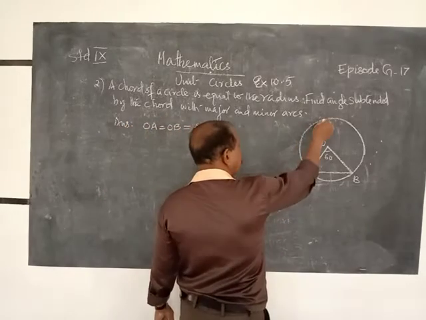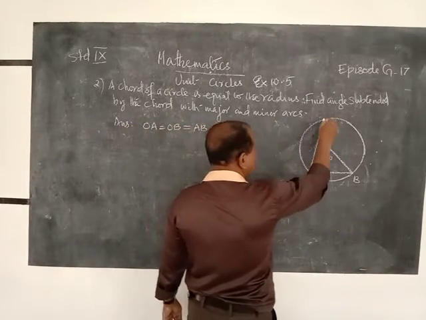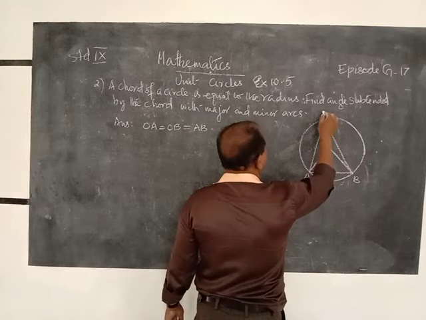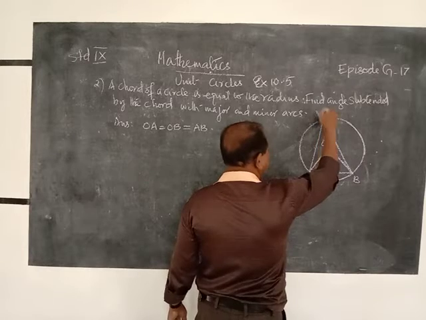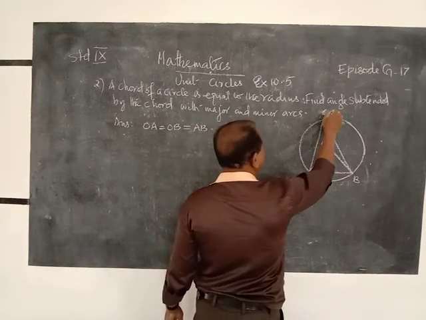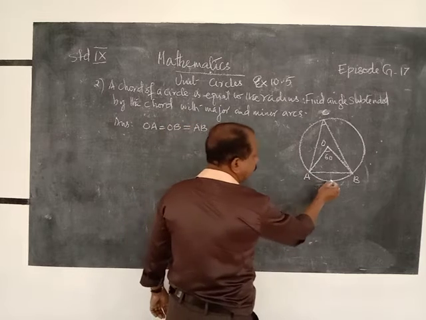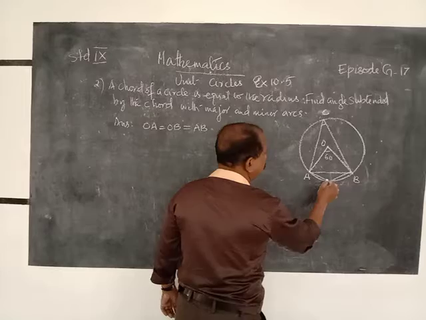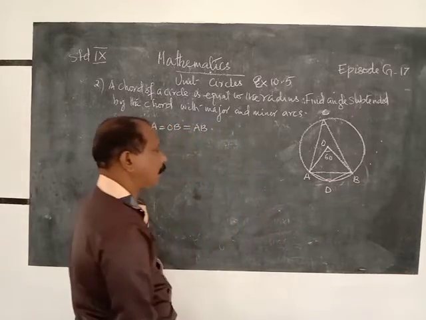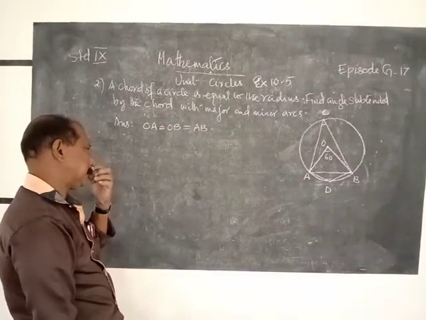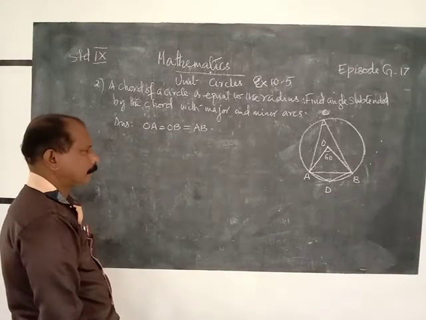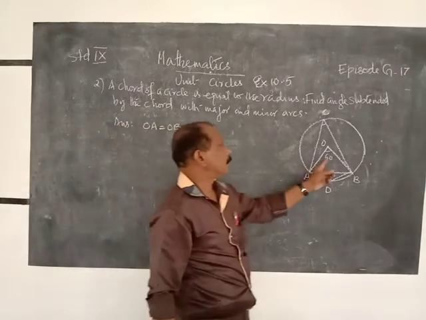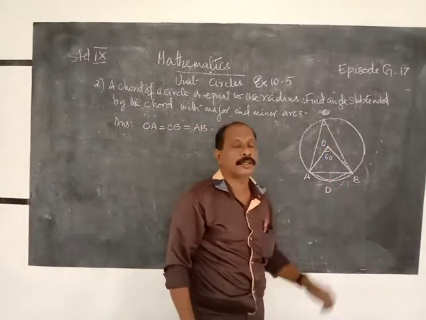Then this is the angle at the major arc, that is C, and this is the minor arc, D. We can find the angle ACB and angle ADB. Listen, angle AOB is 60 degrees, therefore angle ACB is equal to half of 60.